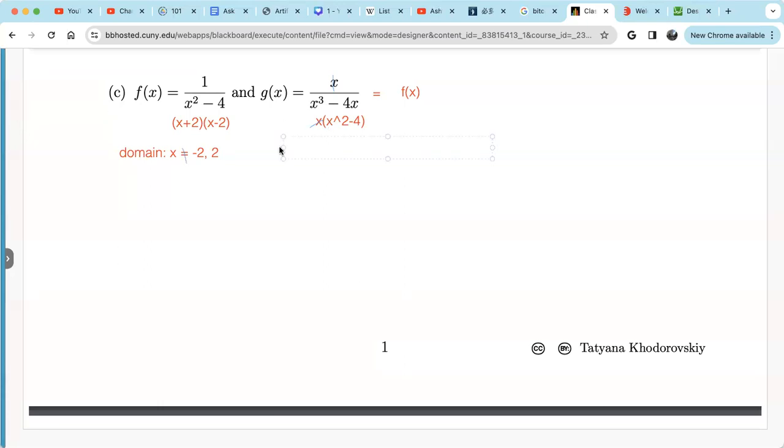But the domain of g is x not equal to 0, -2 and 2. Right, because if x is 0, it will cause the denominator to be 0. We have to look at the original function.